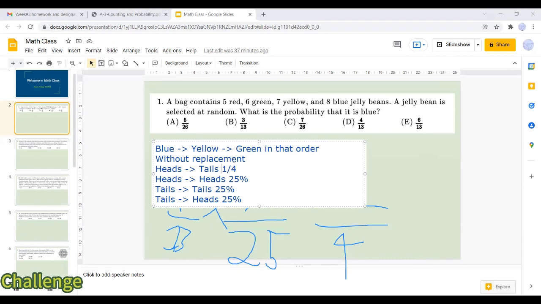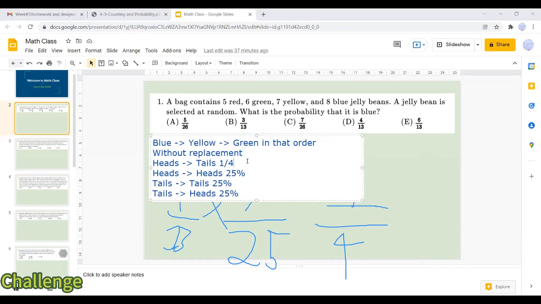Look, so basically we have 64 outcomes here, yes? 64 outcomes for which one?